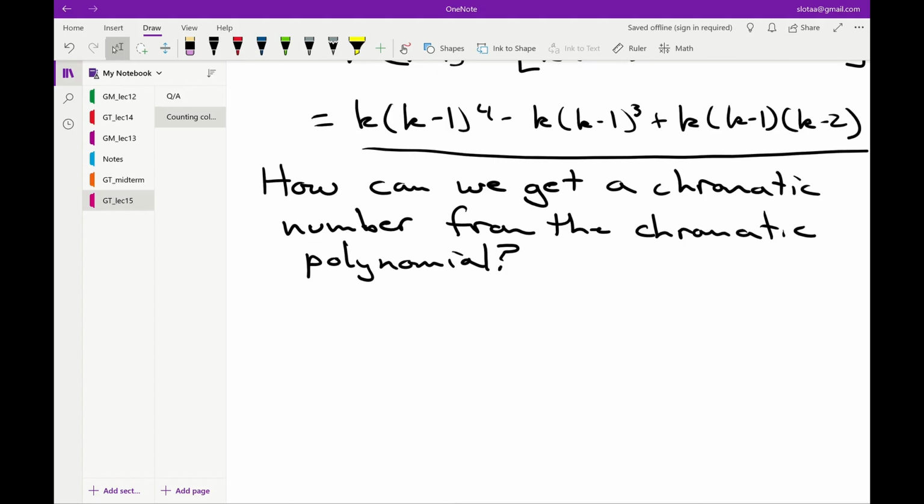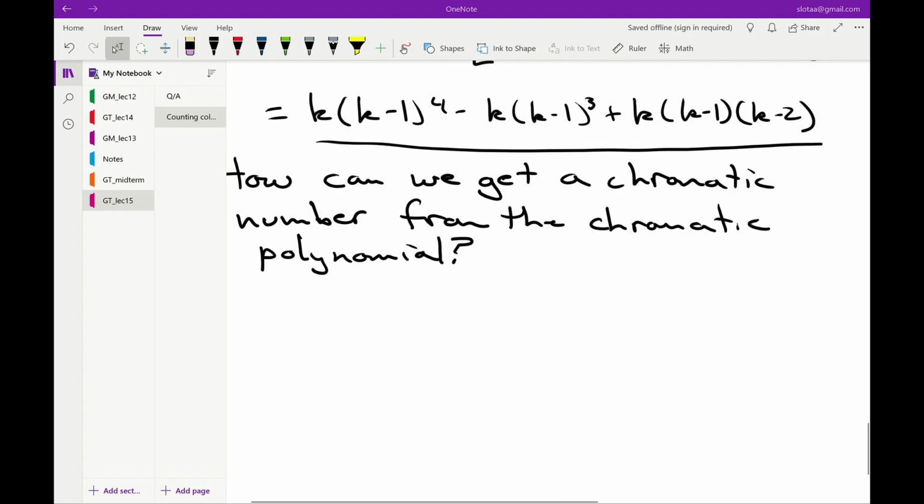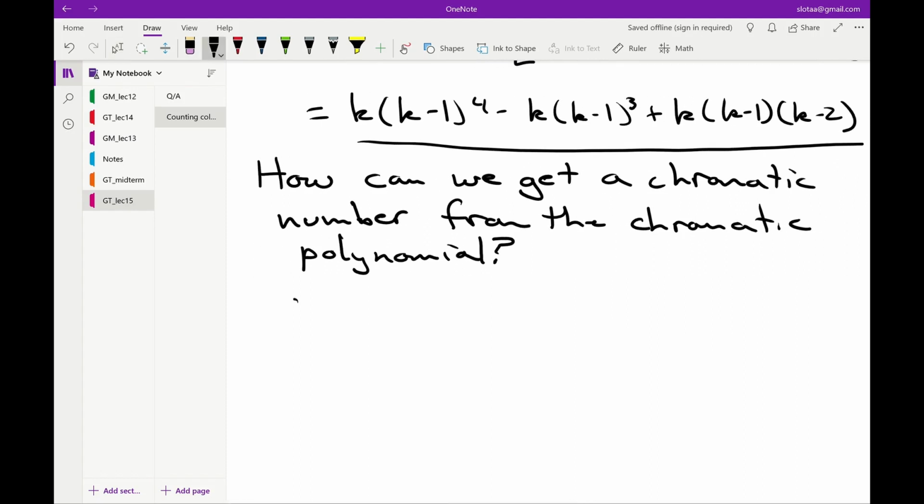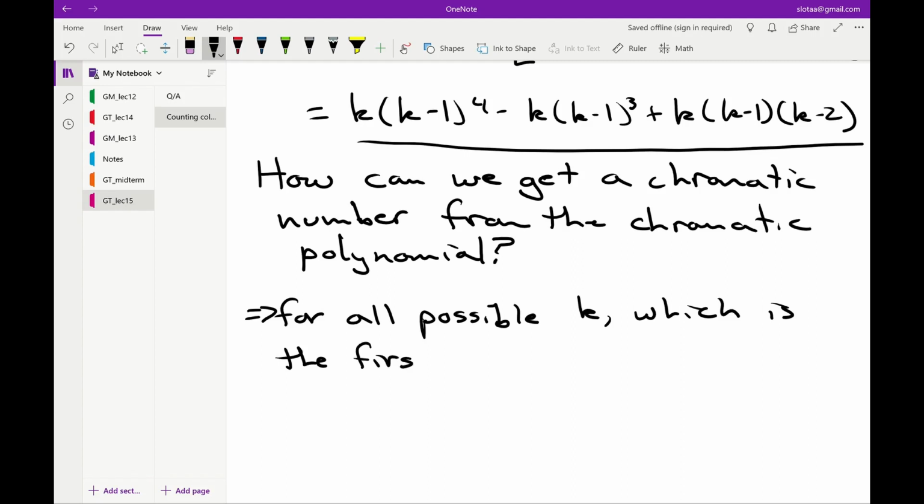So basically one way to do that, and this is for any arbitrary chromatic polynomial, is to consider all possible k, so k equals 1, k equals 2, k equals 3.